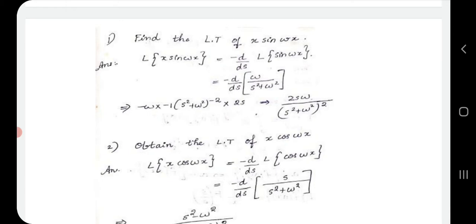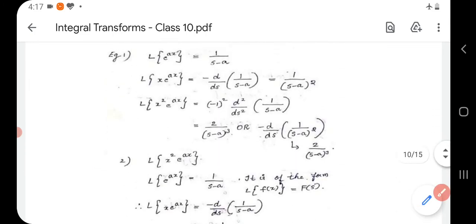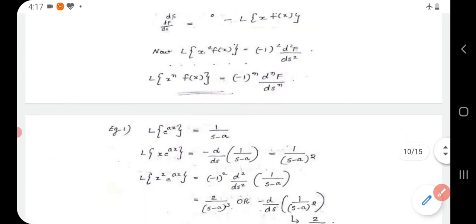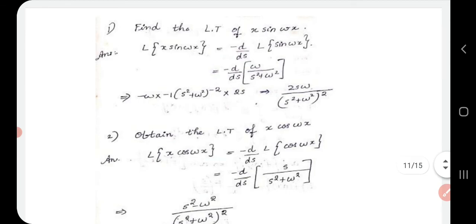Similar is for x cos omega x. You know the Laplace transform of cos omega x equals s by s square plus omega square. But you are having an additional x, so you have to differentiate it once. Just apply the rules that you have studied here, then you will get the answers for x sin omega x and x cos omega x.